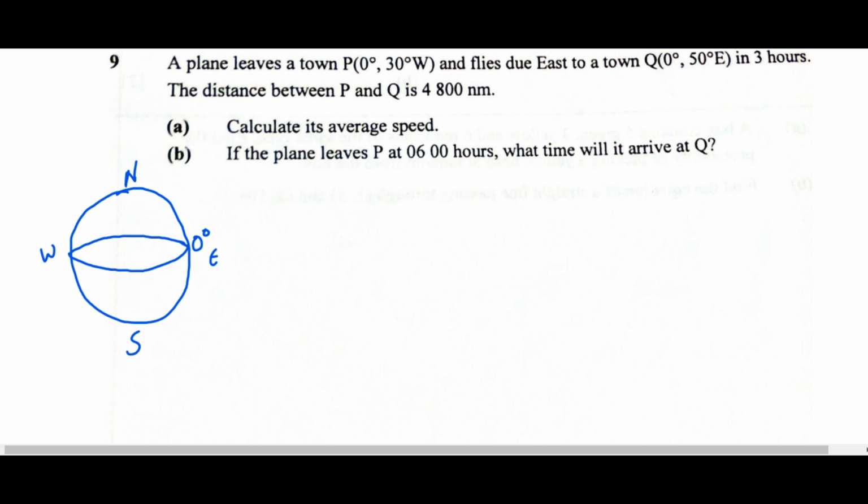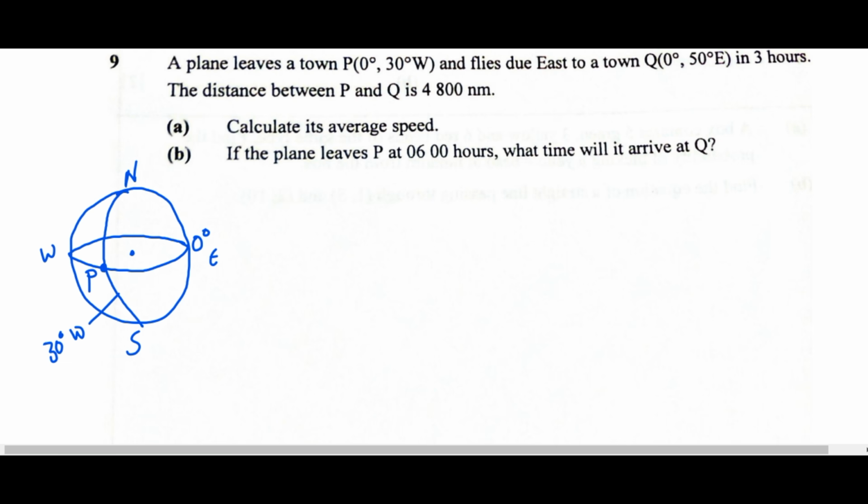Then let's look at point P. Point P, we are told, is located at 0, 30 west. Since we have a longitude of 30 passing through the west side, this line will pass somewhere here. So this is our 30 degrees west, and this point is where our P is.